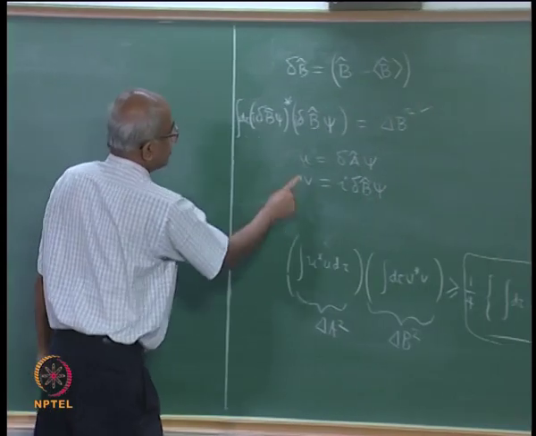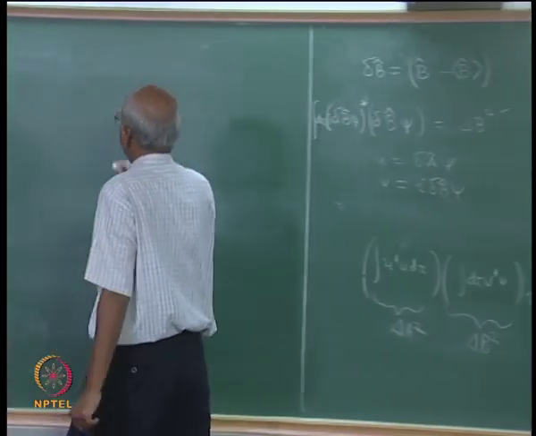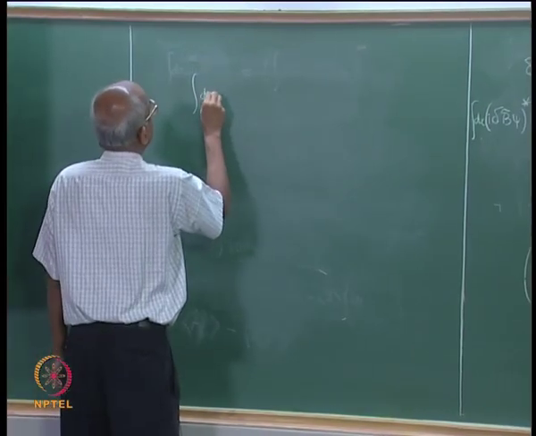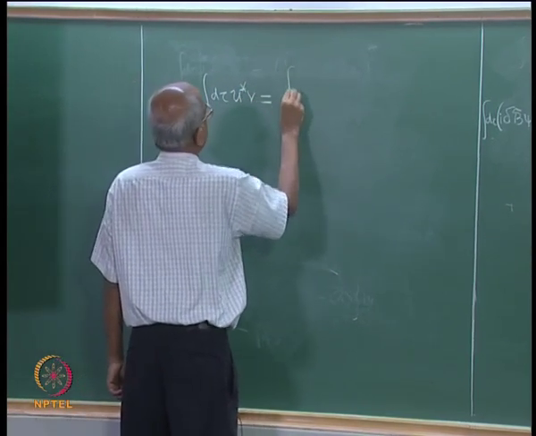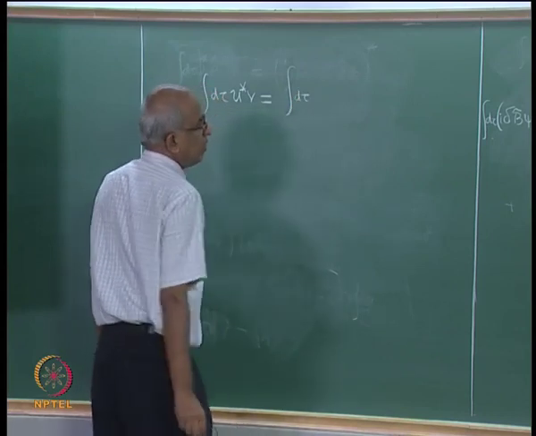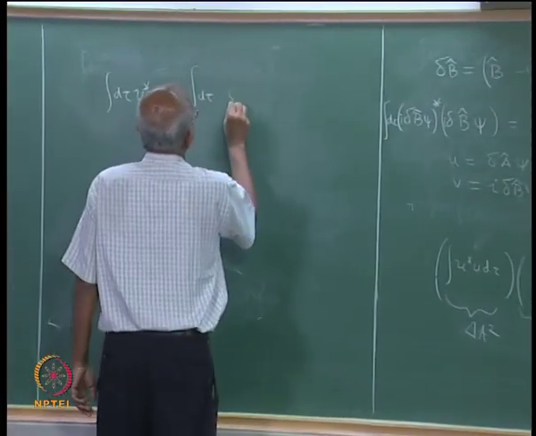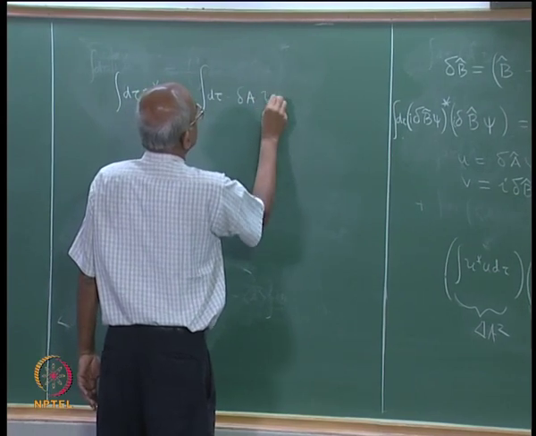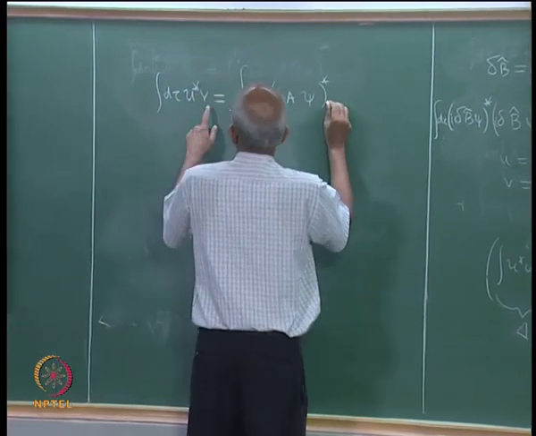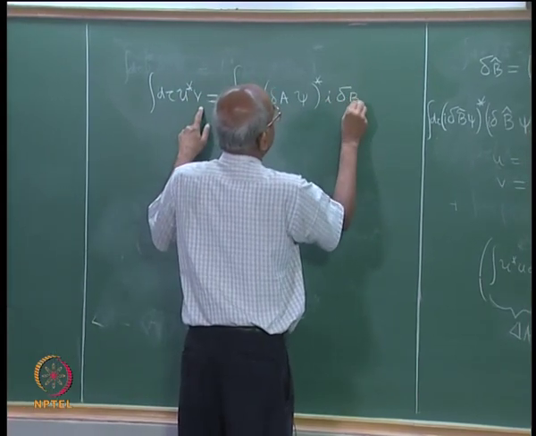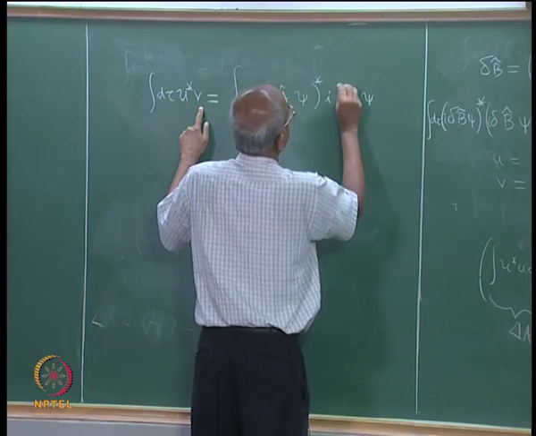So if you chose u to be this and v to be equal to that, what will happen to the integral d2 u star v? What will that be? It will be actually equal to the integral d2, u is delta a psi star, into v is i into delta b psi.